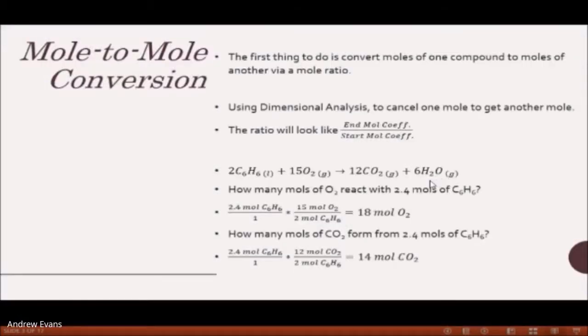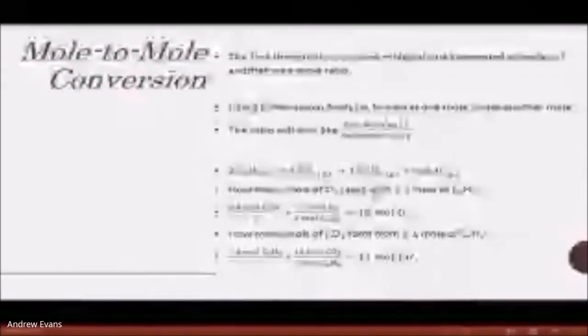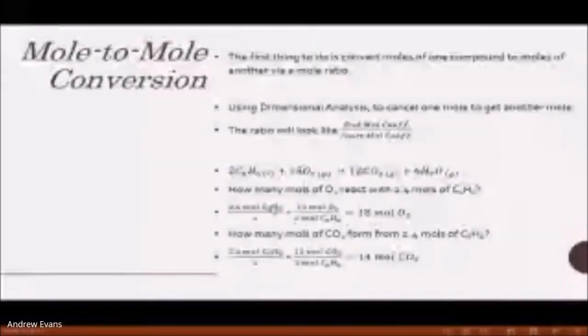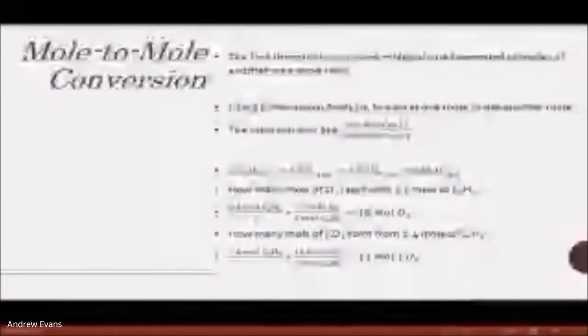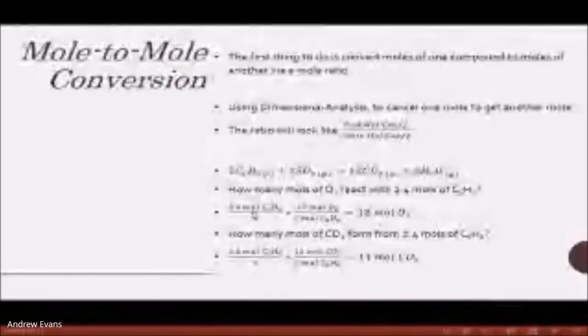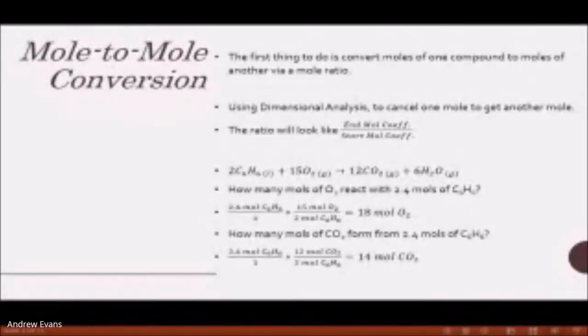So if I were to ask you, how many moles of oxygen do I need to react with 2.4 moles of benzene? I start my equation with 2.4 moles of benzene. Now, looking at this chemical equation, it says for every 2 moles of benzene, you need 15 moles of oxygen. So I'm going to set this up so that moles of benzene on top is canceled by moles of benzene on bottom.